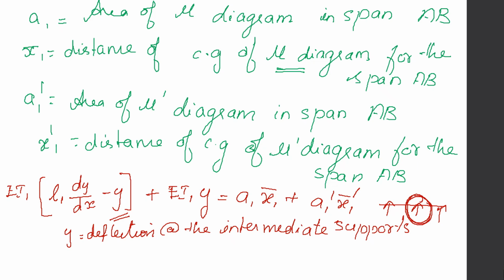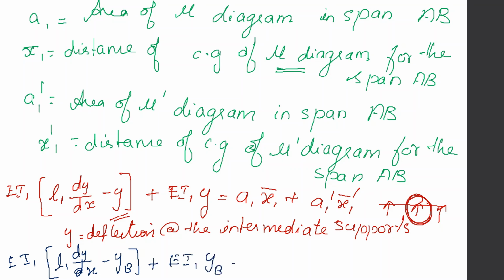Now we will replace this y by yb. So we get EI1 into L1 into dy by dx minus yb plus EI1 into yb is equal to A1 x1 bar plus A1 dash x1 bar dash.